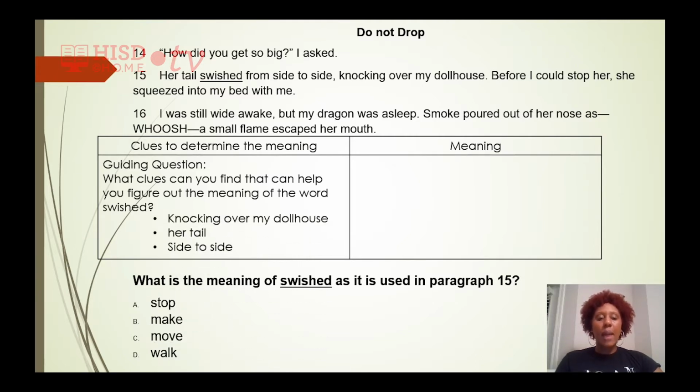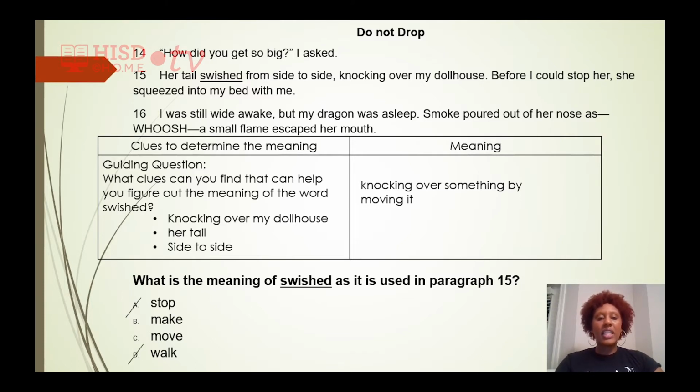Some clues that I picked out were knocking over my dollhouse, her tail, because her tail is the thing that is doing the action, and side to side. From there, I determined the meaning is something about knocking over something by moving it. So I eliminated the first answer choice of A, stop, because if her tail is swishing, it's not stopping.